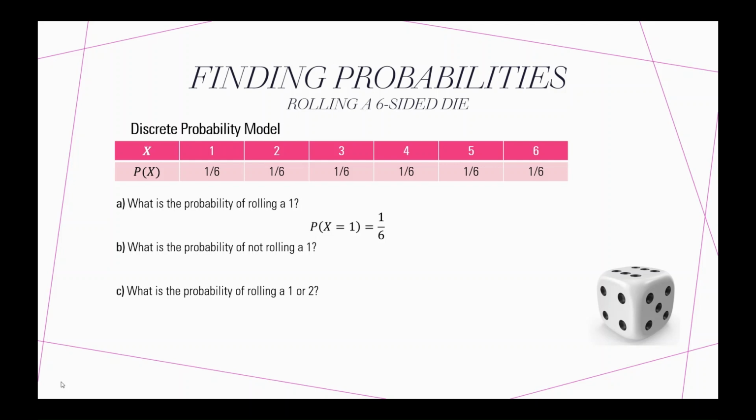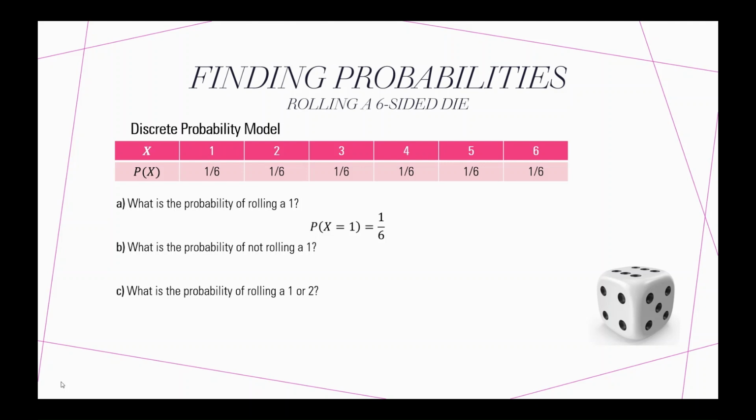And then next, what's the probability of not rolling a one? Okay, so there's actually two ways to think about this. We could think about this as, well, not rolling a one would mean that we roll a two, a three, a four, a five, or a six. And so we could add all those probabilities together. If we do that, we'll get 5/6.